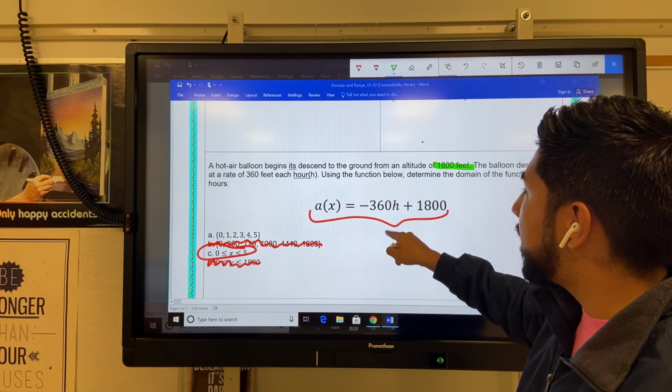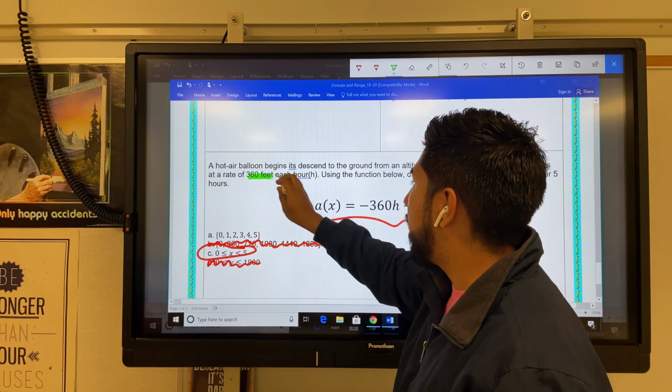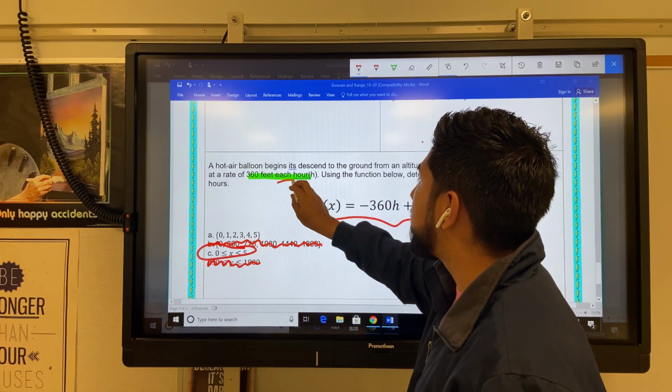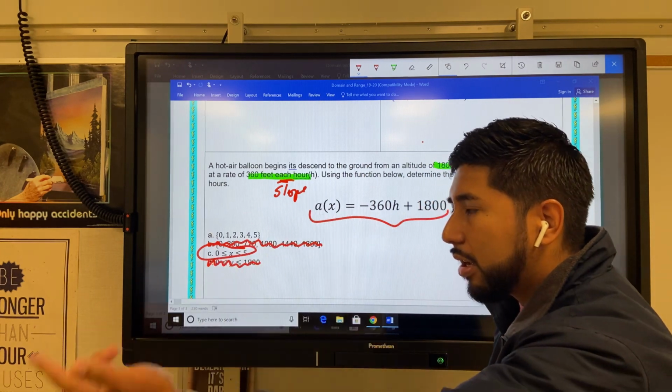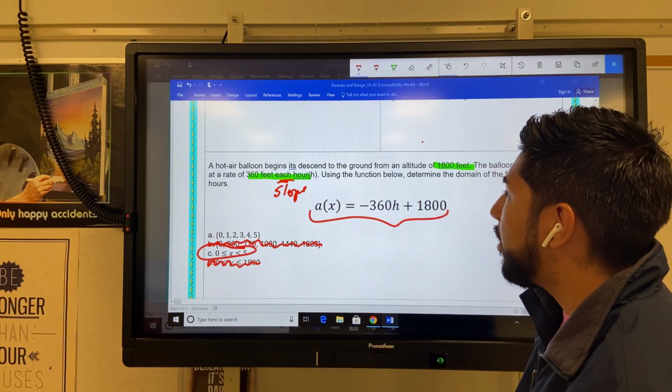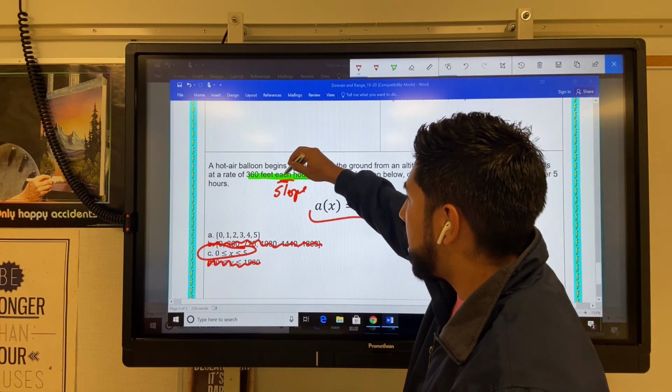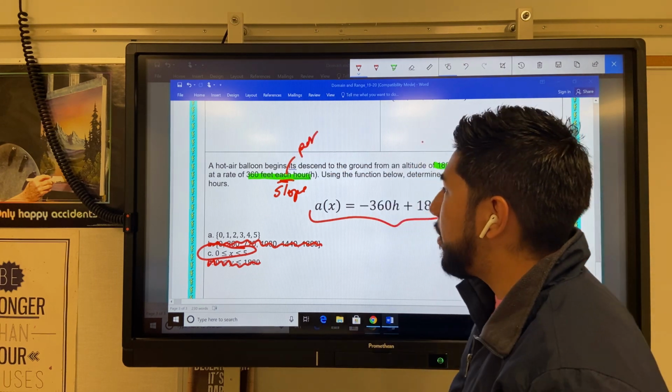The 360 is right here, and it's a keyword because, next topic, this is my slope, just so you have an idea, and I'll give you more definitions later. So if you see the keyword each or per, that means that's my slope.